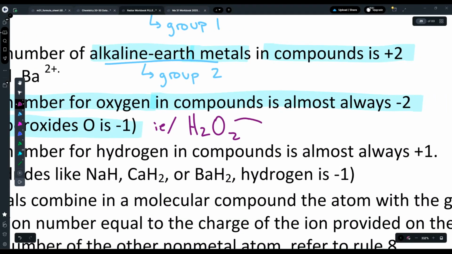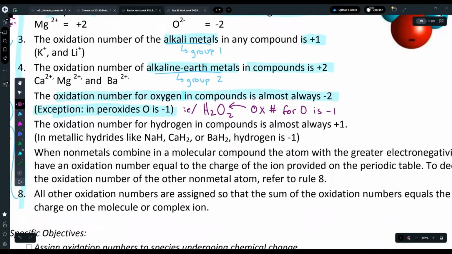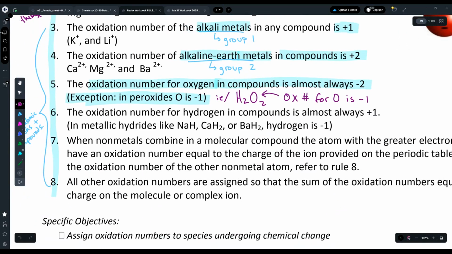So each oxygen in hydrogen peroxide has an oxidation number of -1.